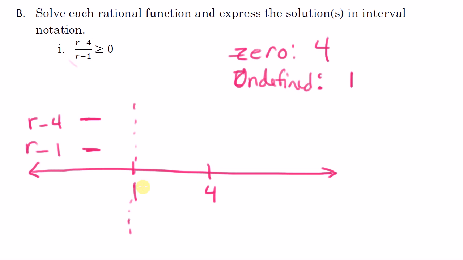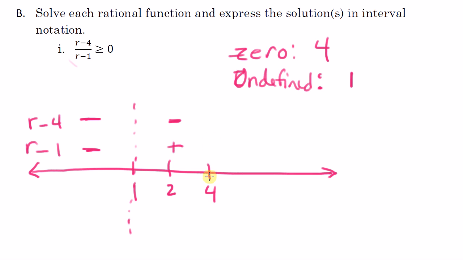Between 1 and 4, pick a value like 2. So if I plug 2 in here, 2 minus 4, I'm going to get a negative on the top. And then r minus 1, if I put 2 in here, I get 2 minus 1, and that's going to be a positive value.